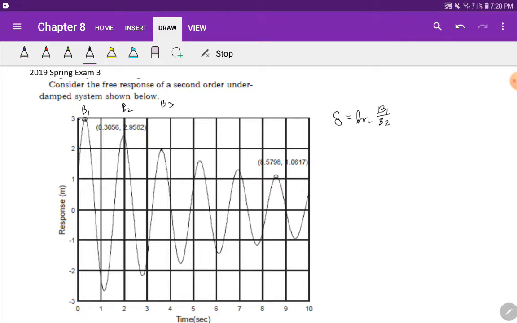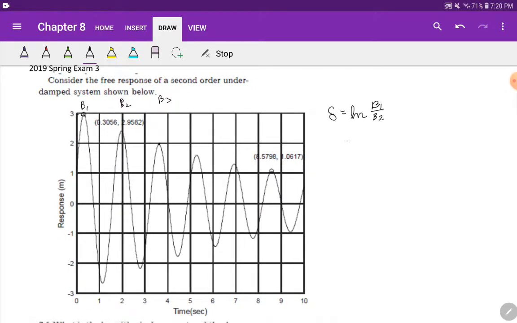In an exponentially decaying function, this delta should be the same for a different set of consecutive peaks. So b2 divided by b3, I meant to say 3, that must also be delta. And so on, right? So let's think about this. Let me just write it separately.